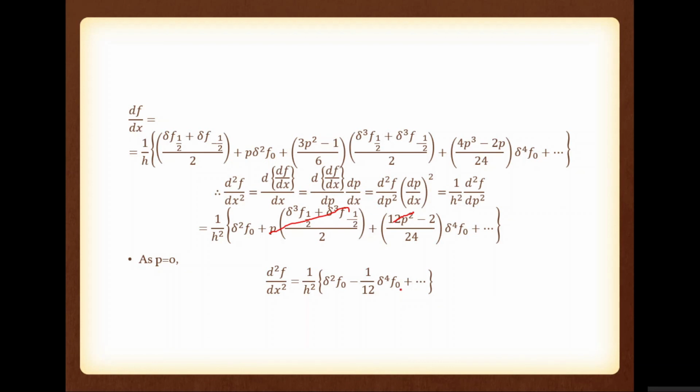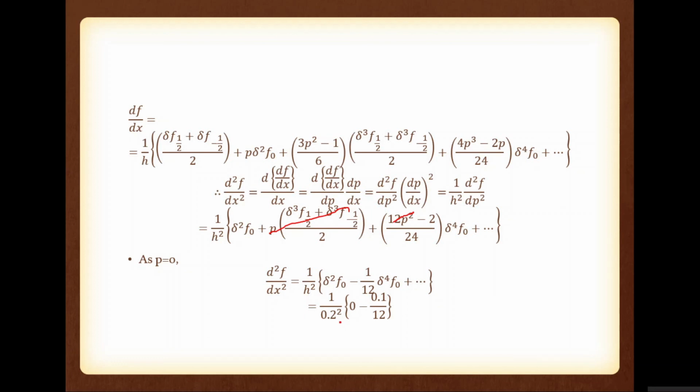So after substituting the values, we have 1 by 0.2 square. Now what is the value of delta square f0? That is 0. Delta square f0 is 0, minus 1 by 12 into, what is the value of delta raised to 4 f0? That is 0.1. Delta raised to 4 f0 is 0.1.